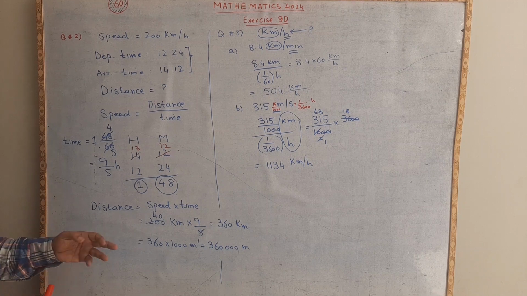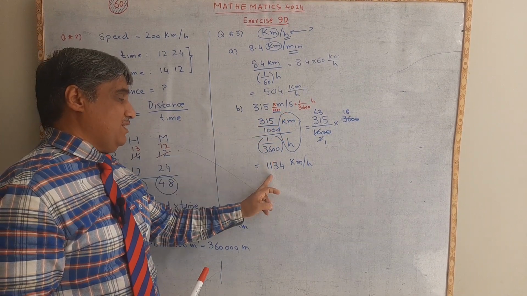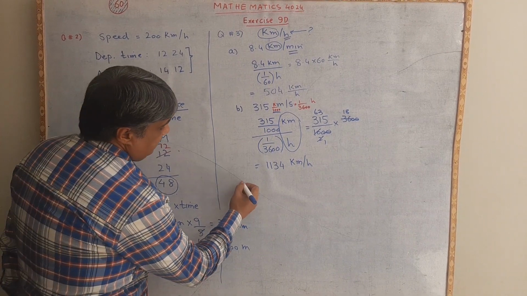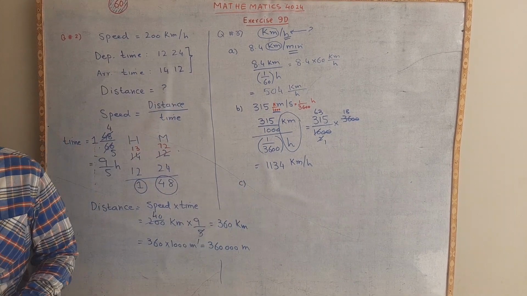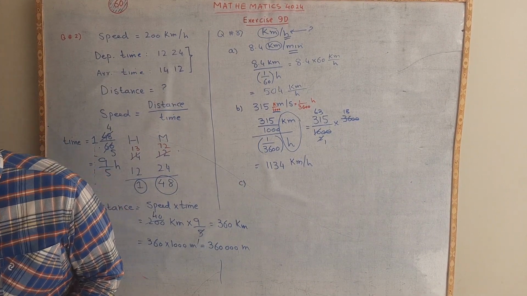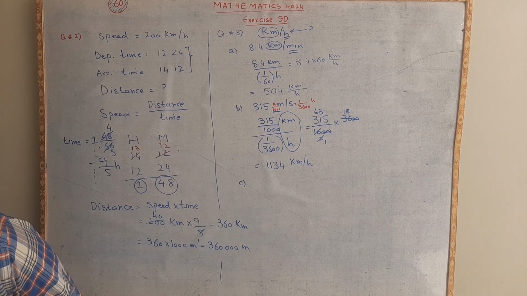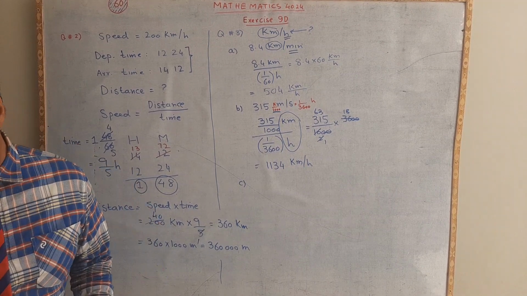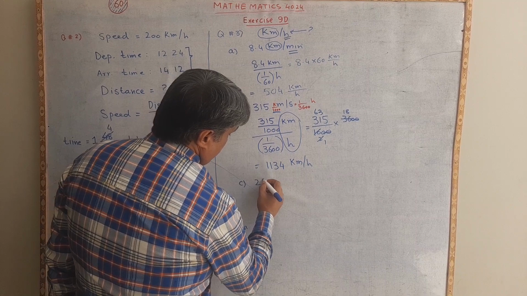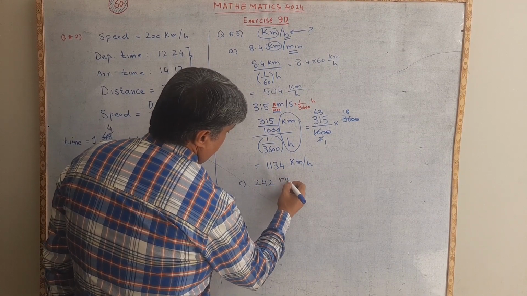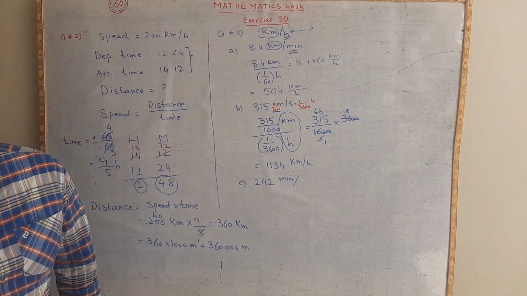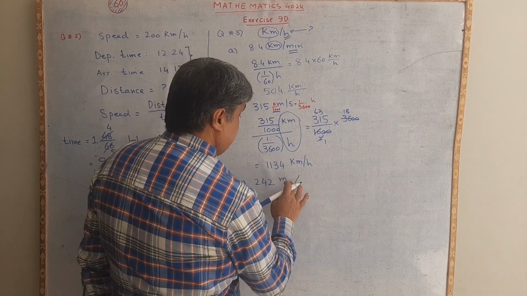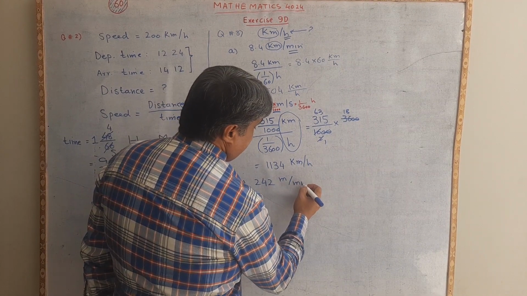So if somebody is giving you 315 meter per second, it will be equal to 1134 kilometer per hour. Let us clear our concept more on this sort of question, and let us do part number C. They have given us 242 meter per minute.